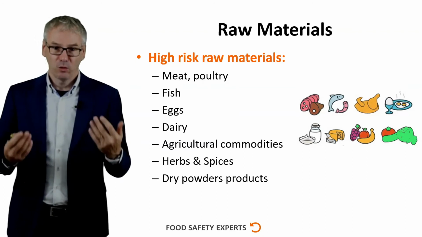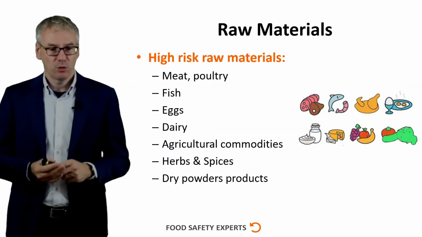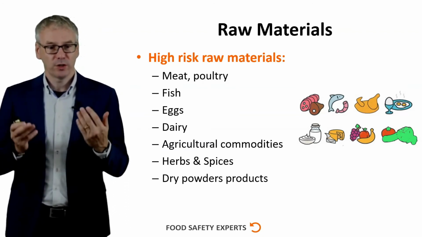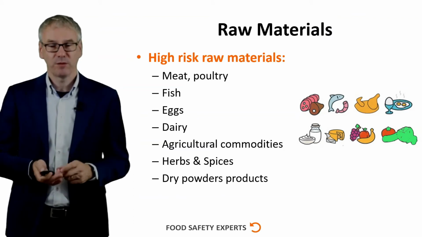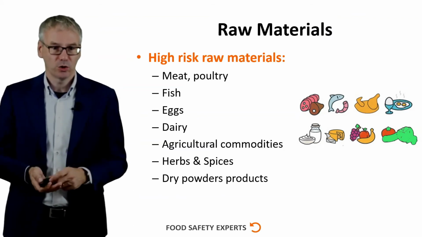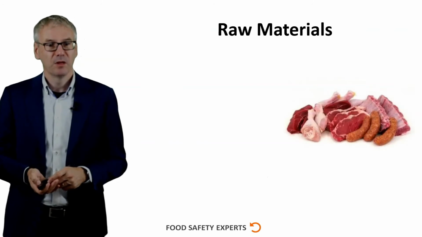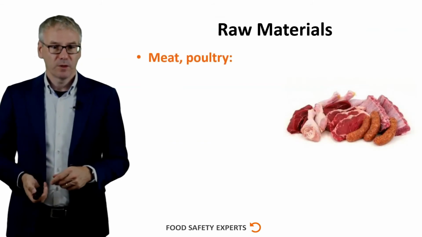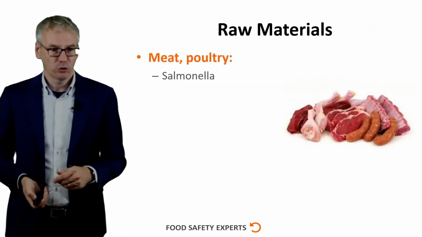I will now discuss one by one each of these high-risk raw materials and the specific risks in terms of microbiological contamination. So first of all, let's focus on meat and poultry.